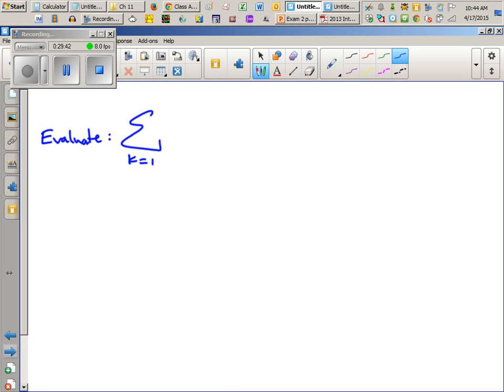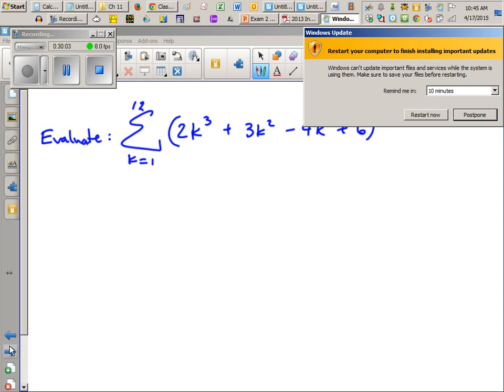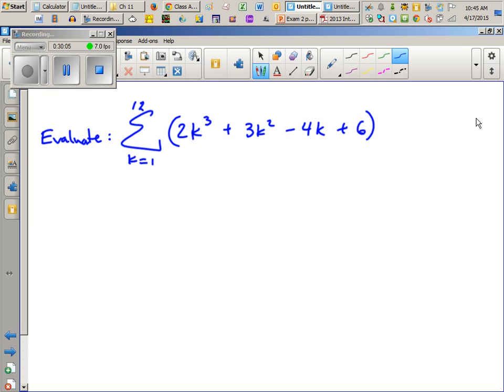We're going to go k equals 1 to 12, okay? And we're going to solve 2k cubed plus 3k squared minus 4k plus 6. Whoa, that looks insane. Okay? Let me show you that it's not as bad as it looks.